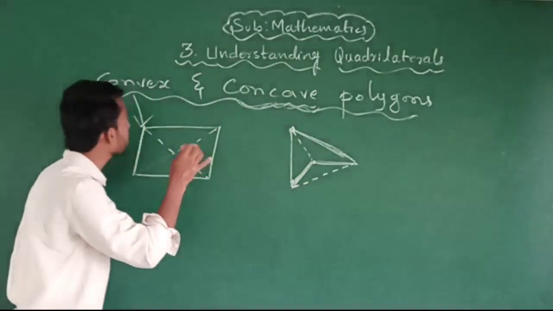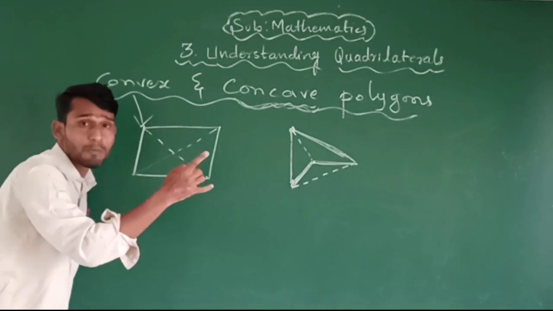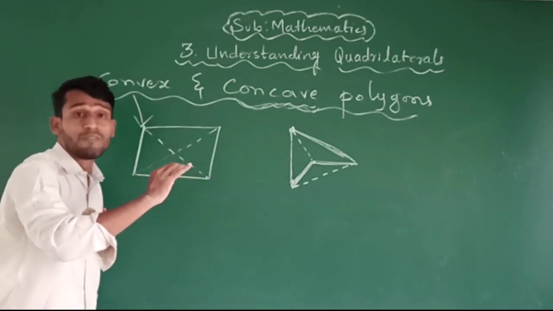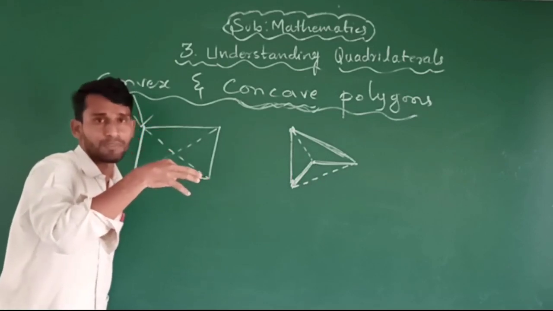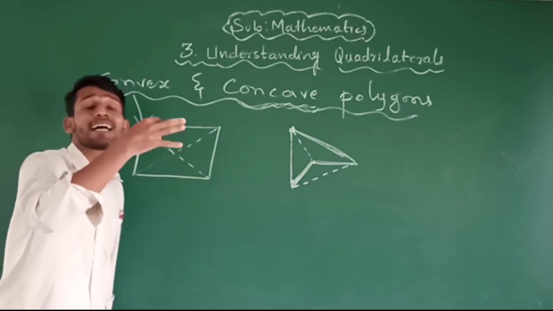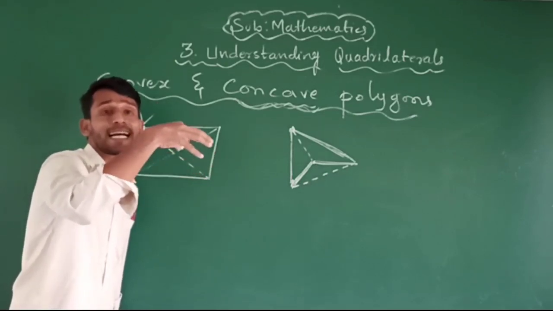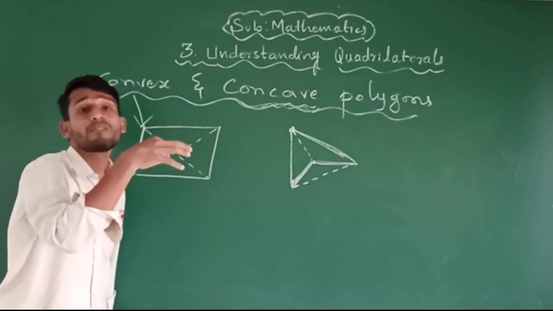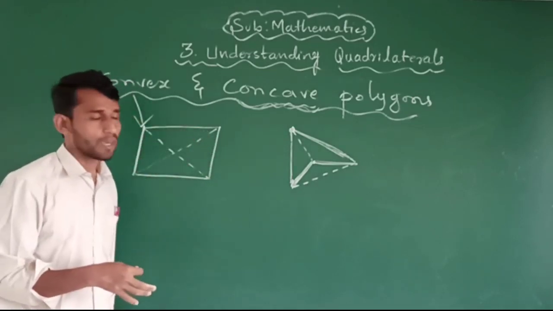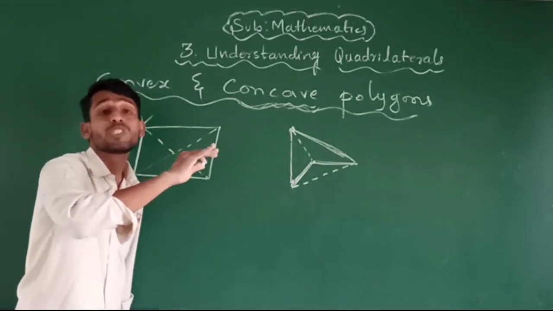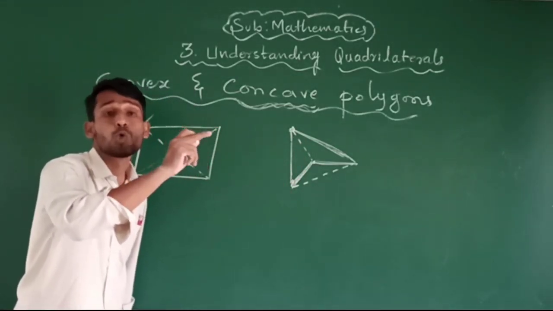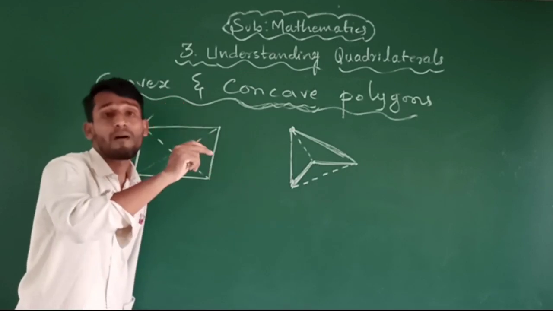Let us see another time here. Convex polygons mean the figure in which diagonals are inside the figure. Those figures we will call convex polygons. Okay, polygons mean figures made up of line segments. Those figures we will call polygons.